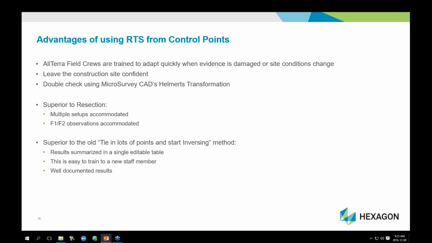The other thing we can do is when we do this initial setup, we can do our multi-sets on every post, and that's just our style. We turn both faces to every legal evidence or control point. With a resection, you don't have that much flexibility. So you could start with a resection, but once you're locked in, we would still have to do multi-sets to each point to get the observation precision we want.